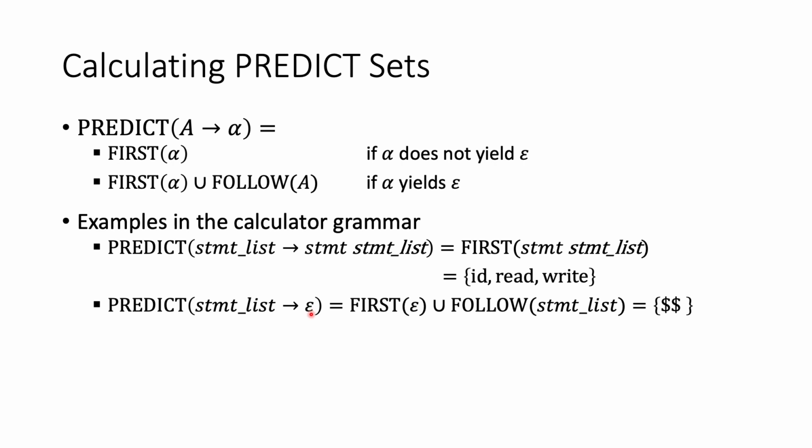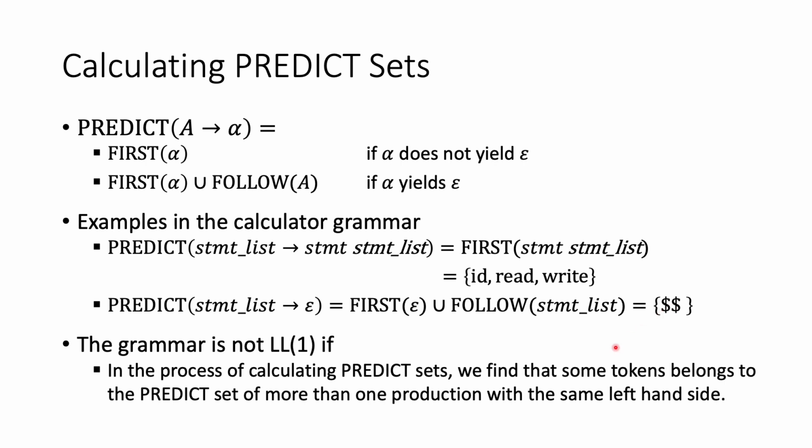Because here epsilon yields epsilon, and we already calculated the follow of ST empty list to be the set containing just the end marker. The union of these two sets: the first one is just the empty set, and the second one is the set of the end marker. So it is equal to the set of the end marker.